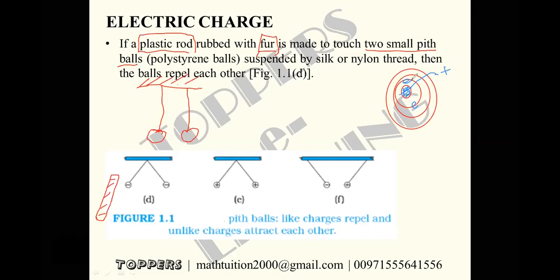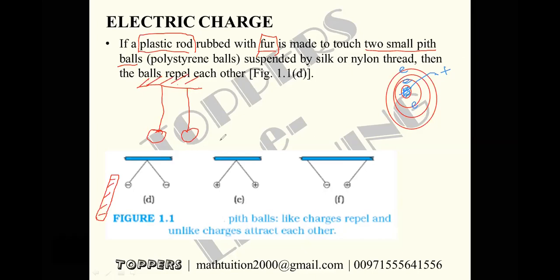But the outermost electrons, being more far from the nucleus, are loosely bound electrons. These loosely bound electrons can move from one atom to another atom easily.